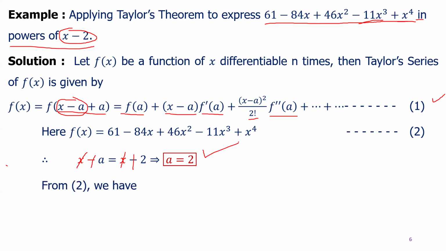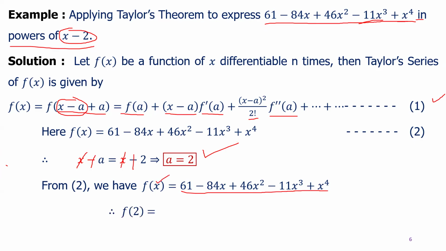From equation number 2, we have f(x) equal to 61 minus 84x plus 46x squared minus 11x cubed plus x to the power 4. Now put x equal to 2. We have the value of f(2), which is 61 minus 84 into 2 plus 46 into 2 squared minus 11 into 2 cubed plus 2 to the power 4.